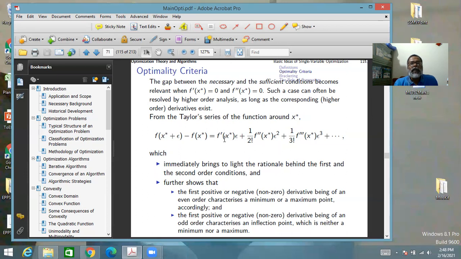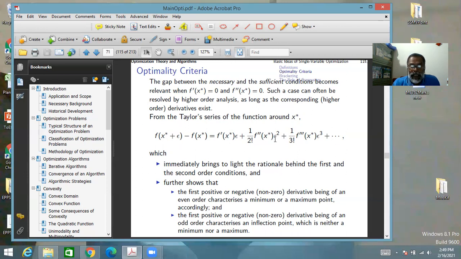That is why for x star to be a minimum point, a necessary condition is that this term should not play a role in deciding the sign of the right hand side. So this is 0. This is necessary. Once this is gone, the next term will dominate the series for sufficiently small epsilon.